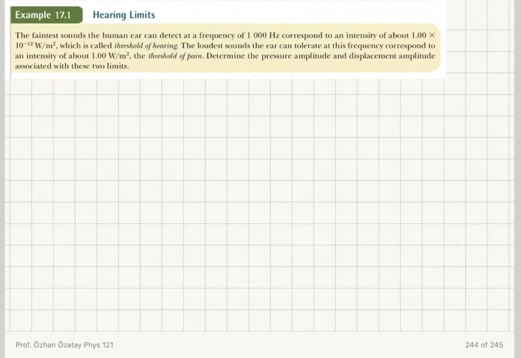Let's take a look at a few examples. The faintest sounds the human ear can detect at a frequency of 1000 Hz correspond to an intensity of about 1 × 10^-12 watts per meter squared. So at a frequency of 1000 Hz, the minimum intensity we can hear is 1 × 10^-12 watts per meter squared. That's called the threshold of hearing.